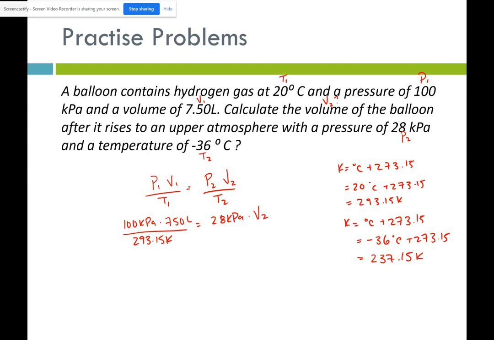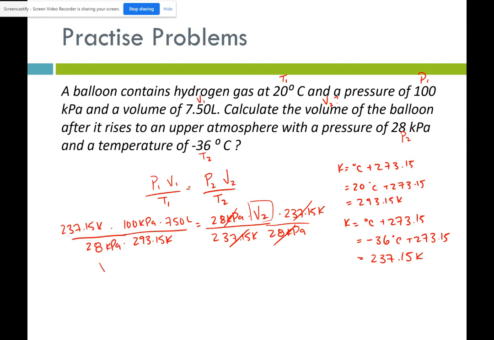I don't know what my second volume is, that's what we're calculating for, but I do know my second temperature was 237.15 Kelvin. So to get V2 by itself, I need to multiply both sides by 237.15 to cancel out these units. And I need to divide by 28 kilopascals to get rid of these units.